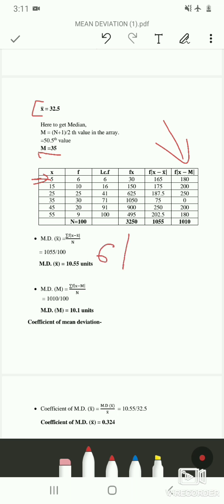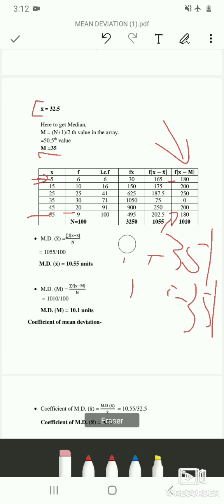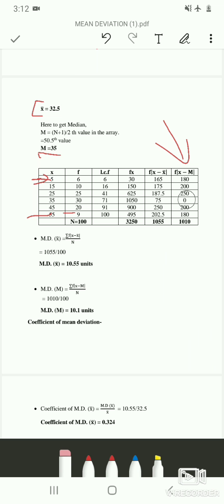So 6 into 5 minus 35, which is 180. Similarly calculate for all the values. For example, for the last value, the corresponding frequency is 9. So 9 into 55 minus 35, and the answer is again 180.